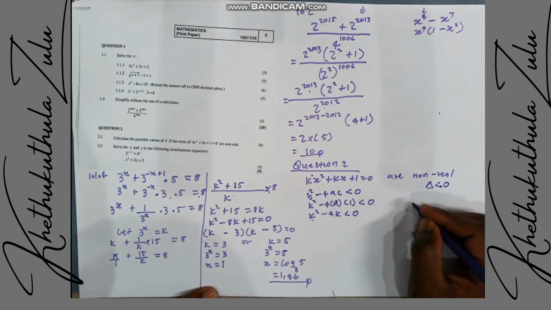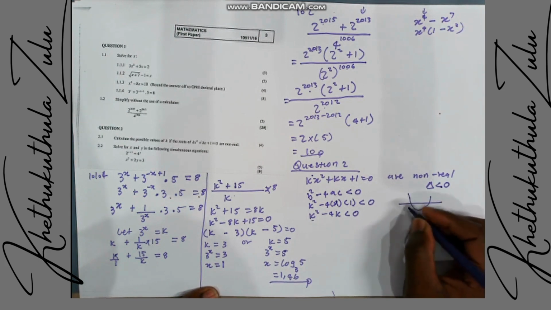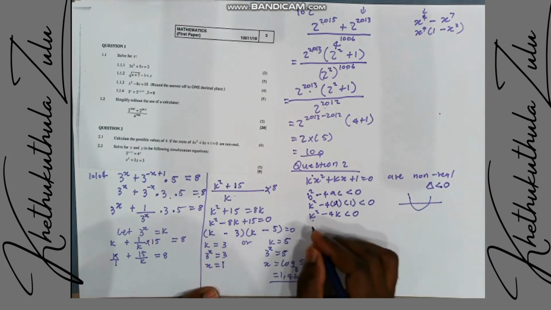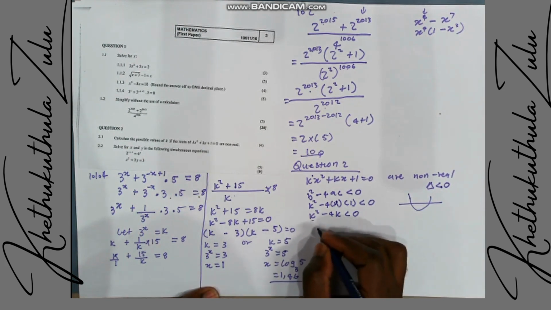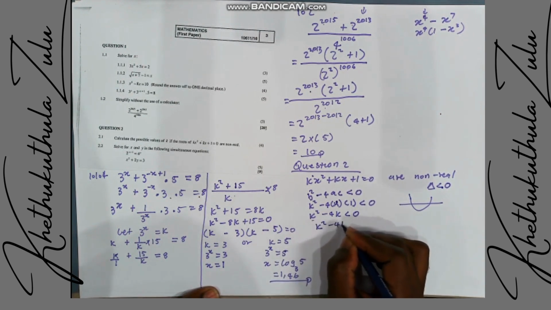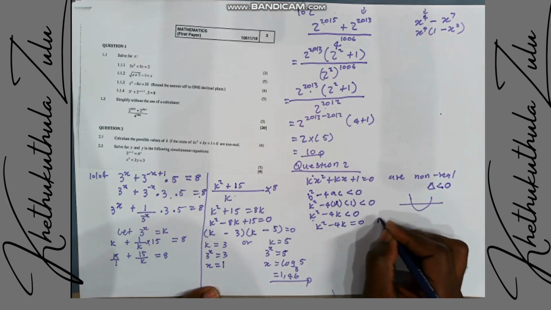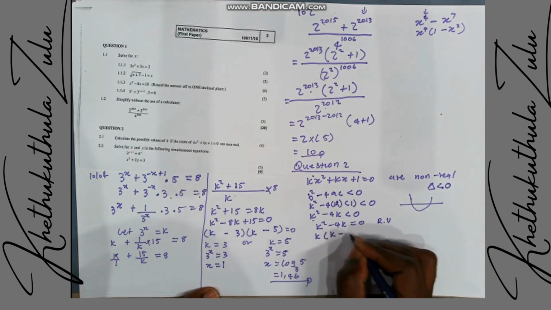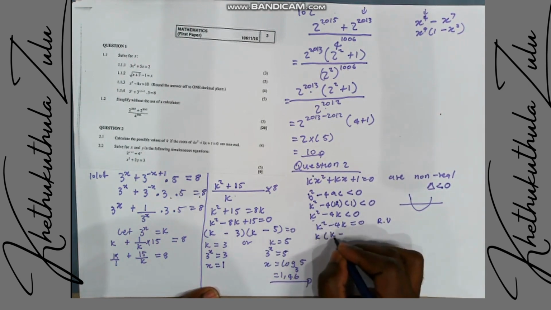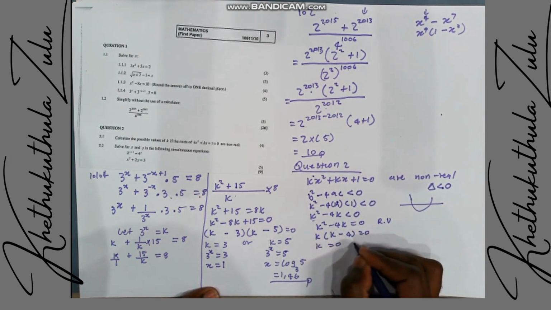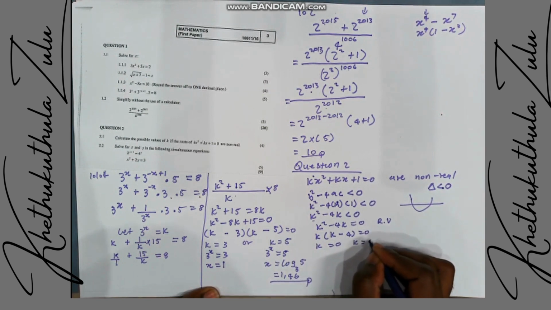Just going to draw a function here, which is k squared, meaning our function is up like this. We can just solve here, where we do the critical values, where we say k squared minus 4k equal to 0, just solving for k, taking k as a common factor, left with k minus 4 is equal to 0, then k is equal to 0, and then k is equal to 4.